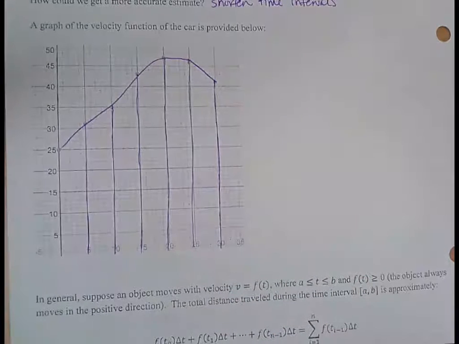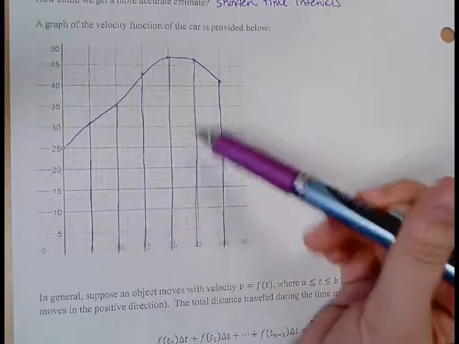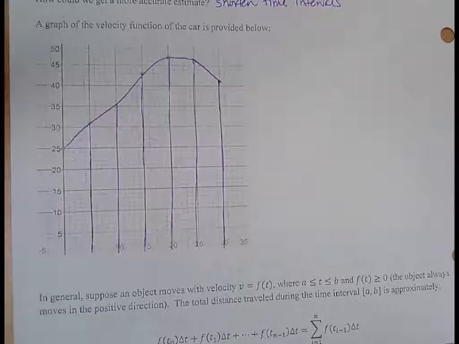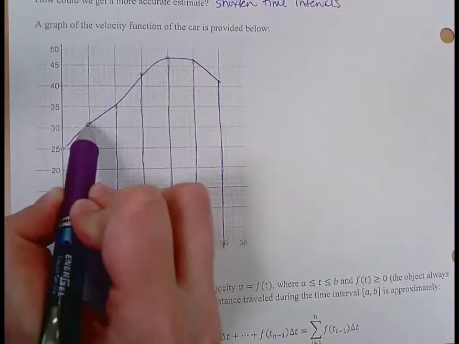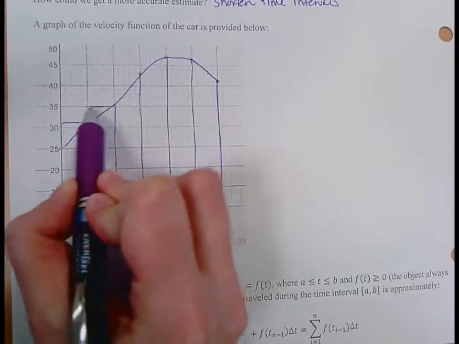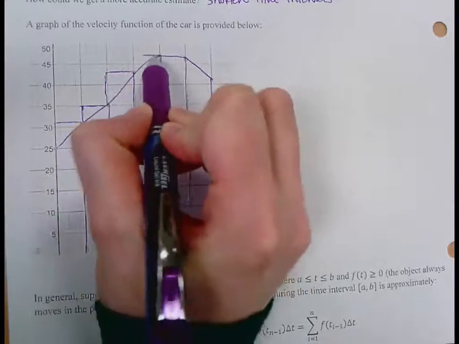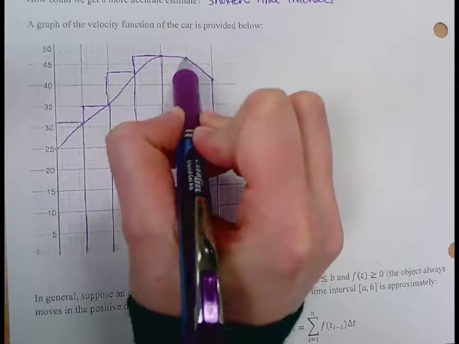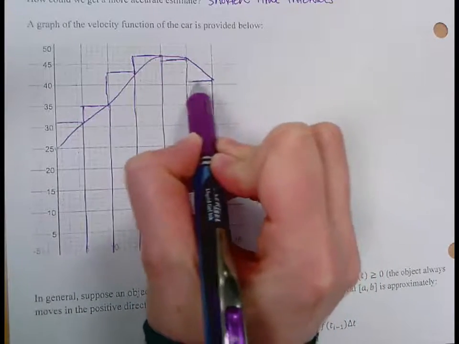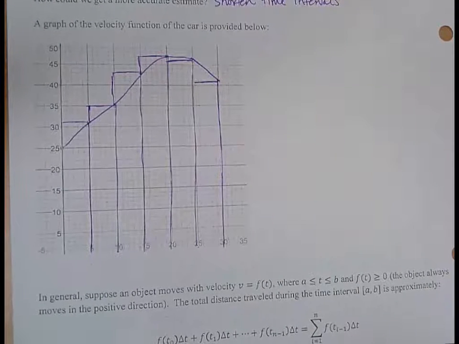So divided into 6 intervals, and then on Monday we looked at estimating or creating rectangles from these by using the right endpoints or the left endpoints. If you took right endpoints, I'm going to sketch what these rectangles would look like. Some of the rectangles would be above the curve, some would fall below.